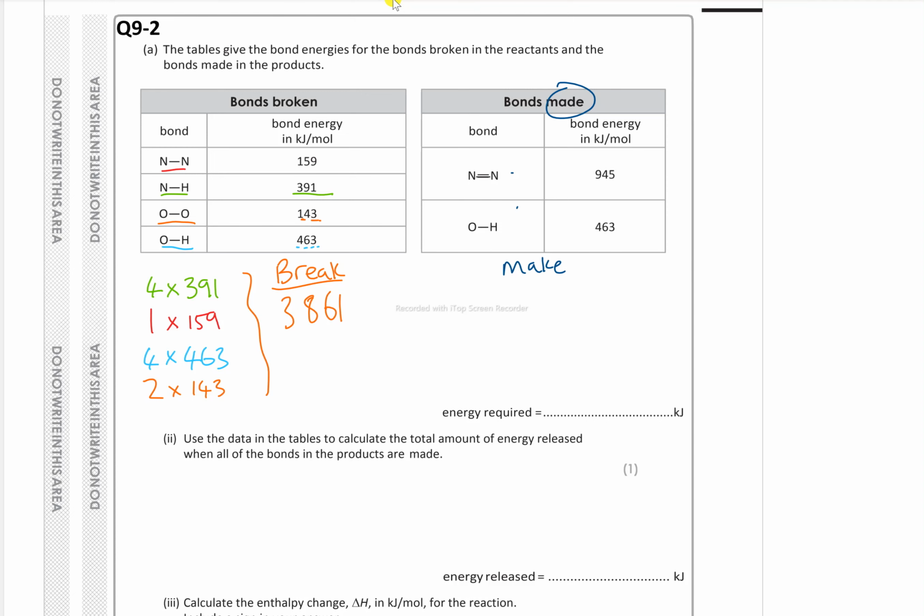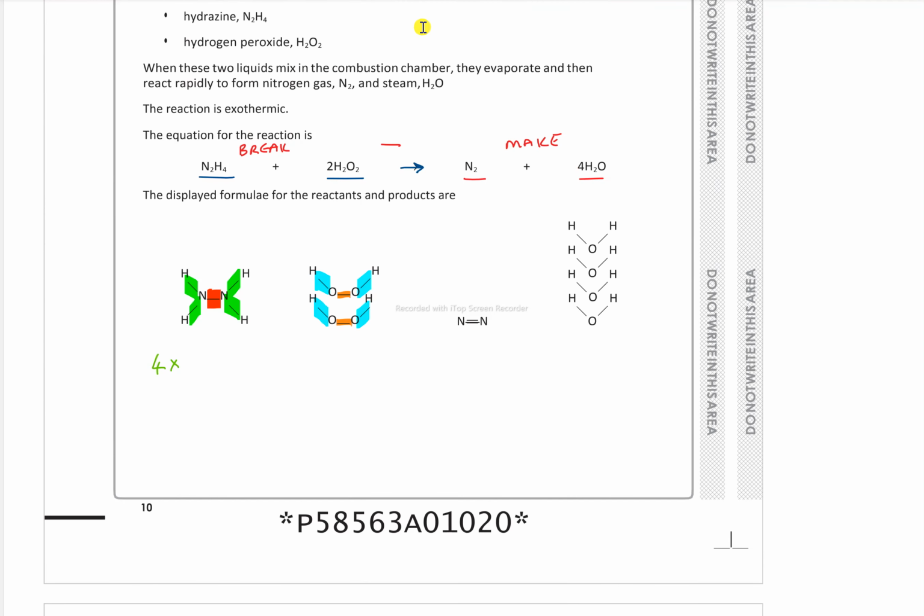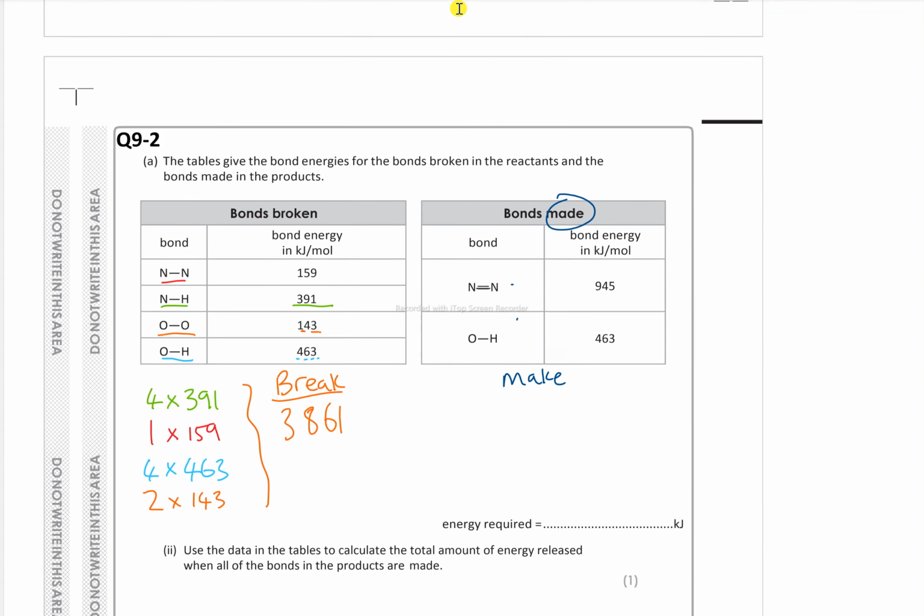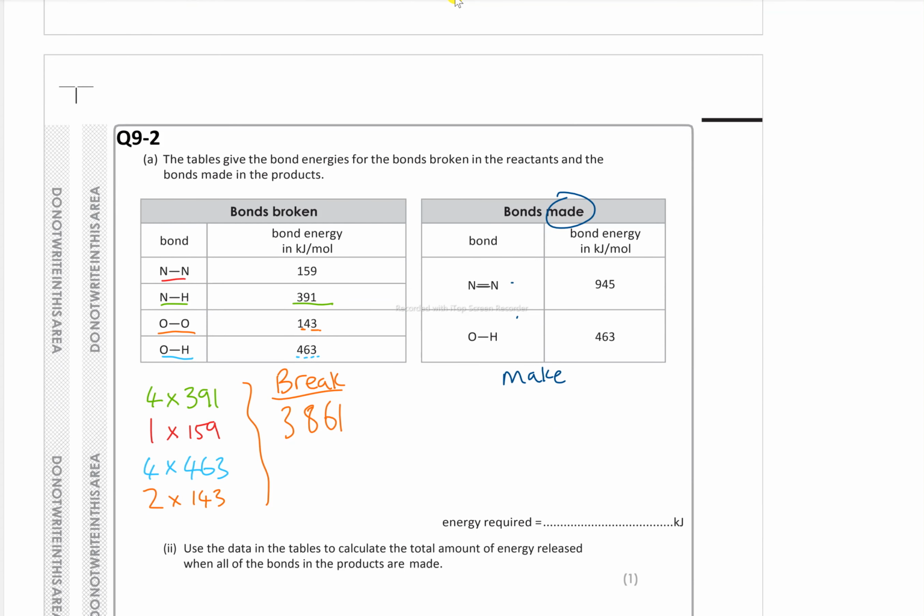And there's only 2 types of bonds, so let's have a look. They've laid it out for us here again. We have got a double nitrogen-nitrogen bond, only one of them. So we do 1 times nitrogen-nitrogen is 945.